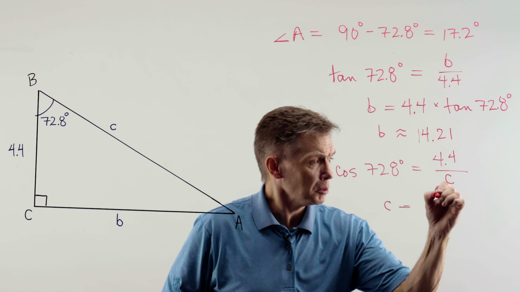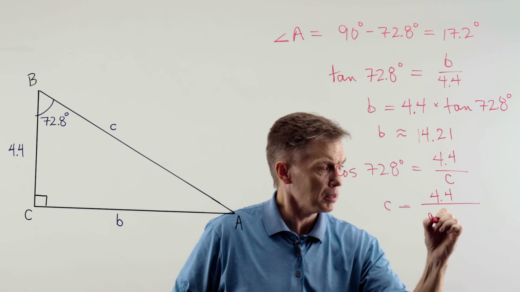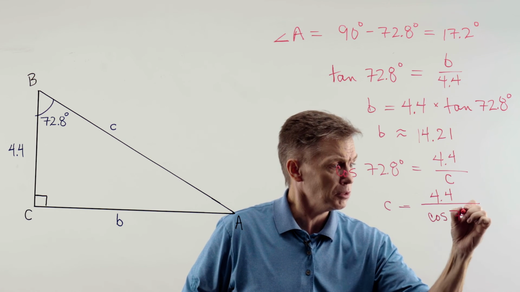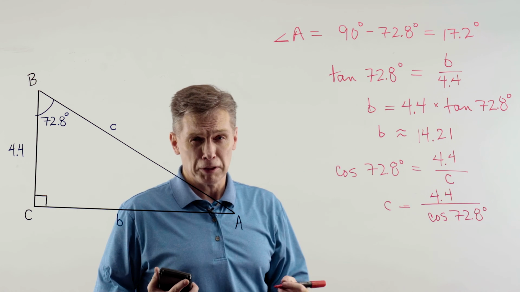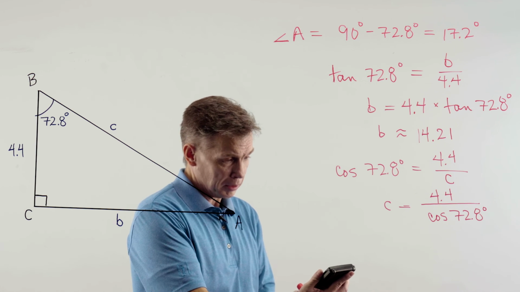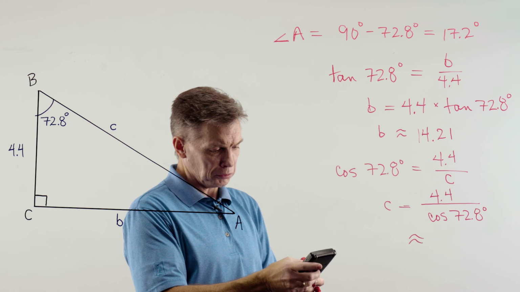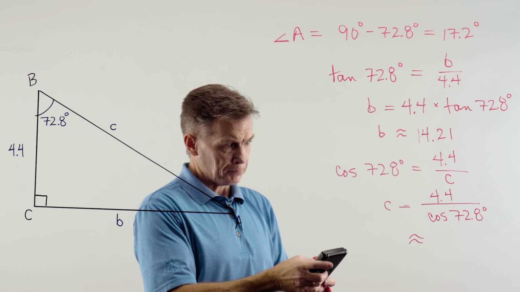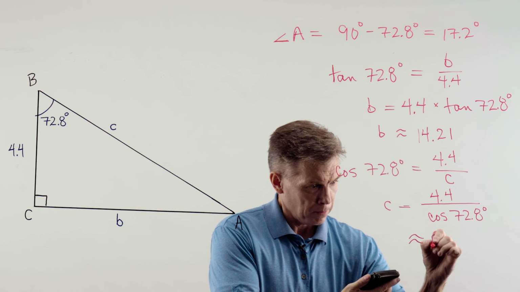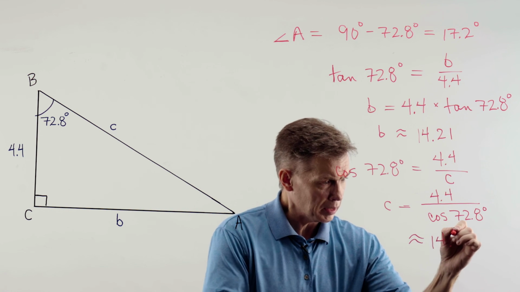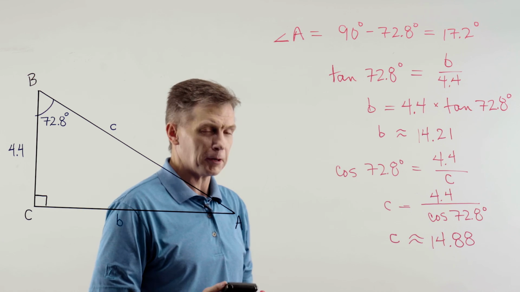And a little bit of algebra will get you to 4.4 divided by cosine of 72.8 degrees, and you're now ready for the calculator. Okay, so I'm going to go to my calculator. This will end up being approximately equal to 4.4 divided by cosine of 72.8, 14.88 units, whatever they are.